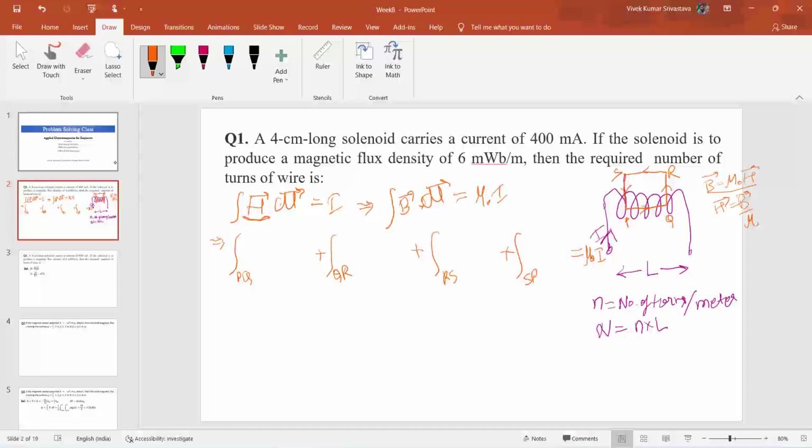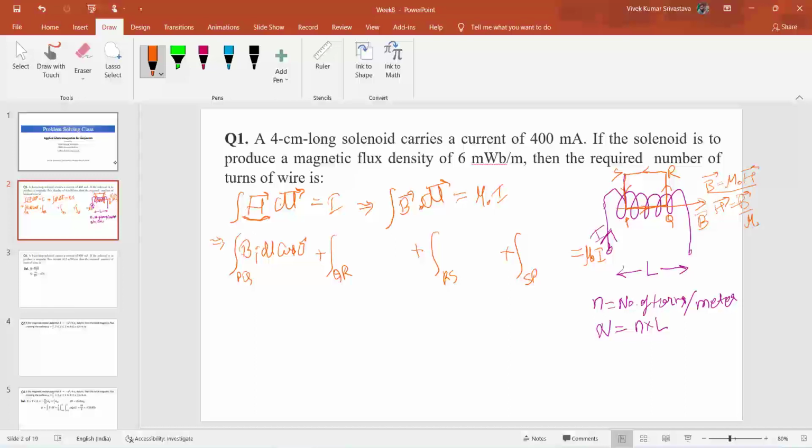The product term inside this integral is written as, let me assume that the field inside this solenoid is Bi, so Bi times dl times cos 0, because the field is along this direction and the differential length is also in the same direction.